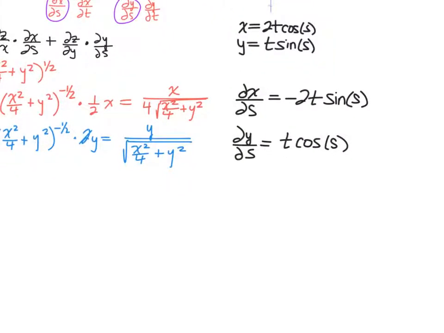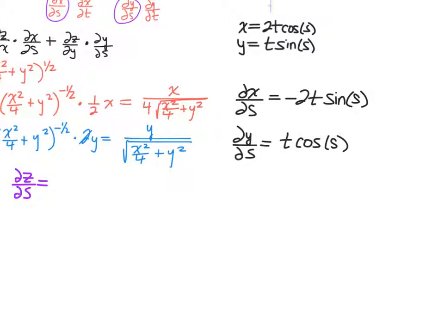All right, so it's just a matter of putting it all together now. The fun times. So partial z with respect to s. Multiply these two together, multiply these two together, add them up.